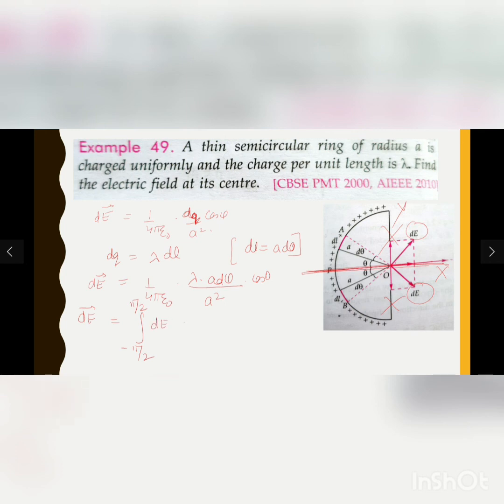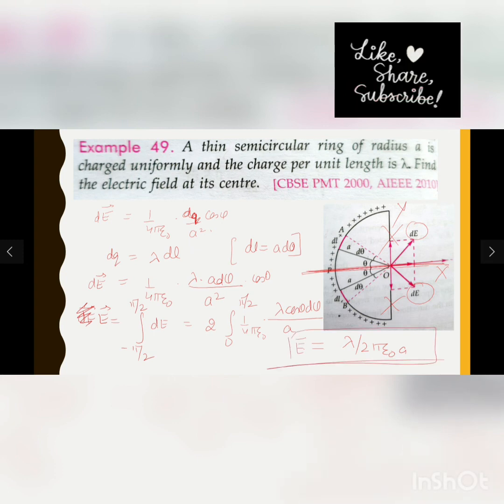So I integrate the expression within those limits, and I get my expression for E as 2 times the integral from 0 to pi by 2. We are using symmetry, lambda times cos theta d theta times a, and by reducing it, this will give me the expression for electric field at the center of the semicircular ring as lambda by 2 pi epsilon naught a.